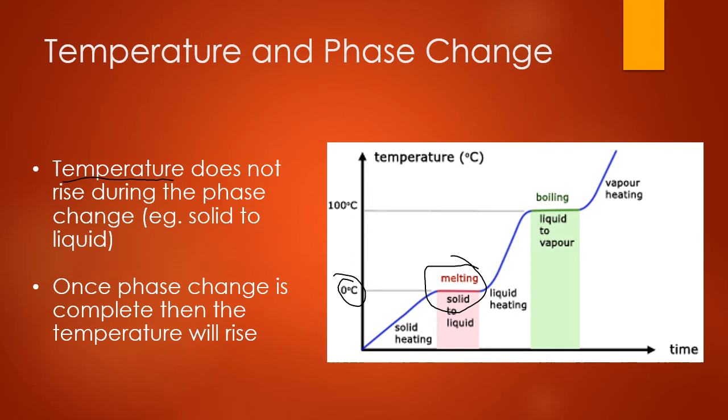Once the phase change is complete, so once all of that ice is melted, then you'll notice the liquid will start heating again. And it can therefore heat until it gets to 100 degrees Celsius, because that is the temperature at which water boils. And when water boils, that's another phase change, because at boiling point, you're turning the liquid now into a gas.